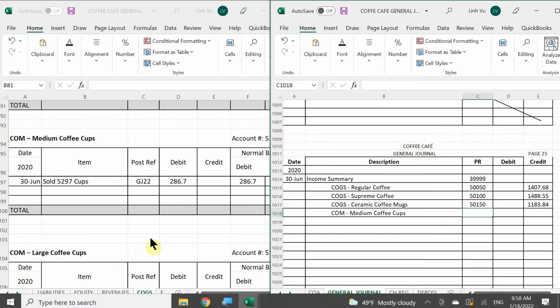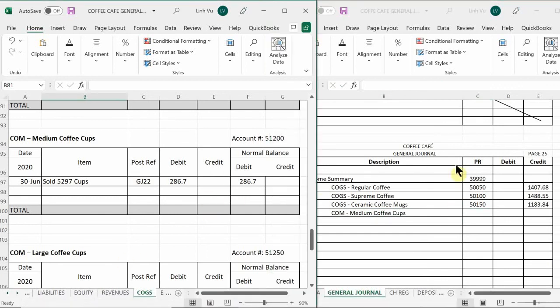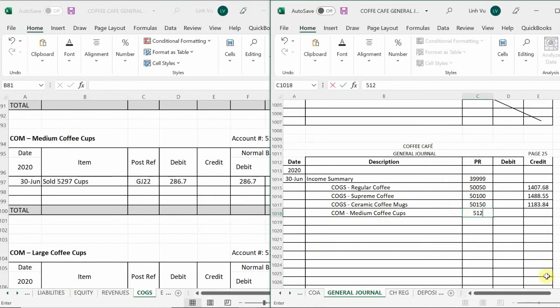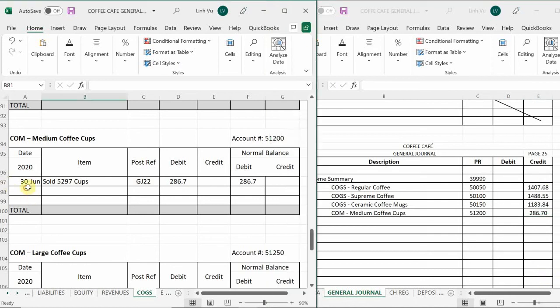Okay, account number 51200 for the total amount of $28670. Bringing my account down to 0.